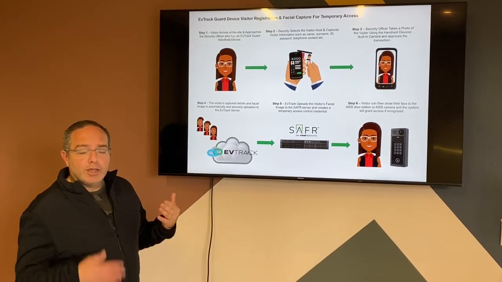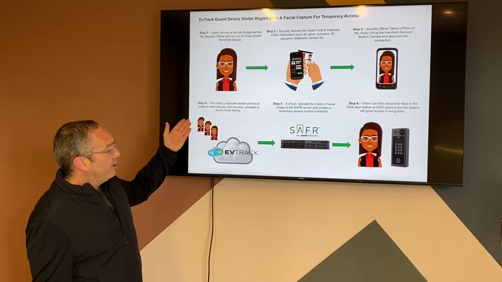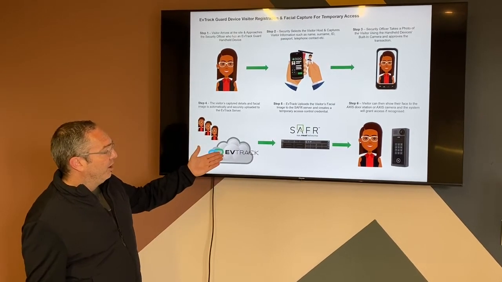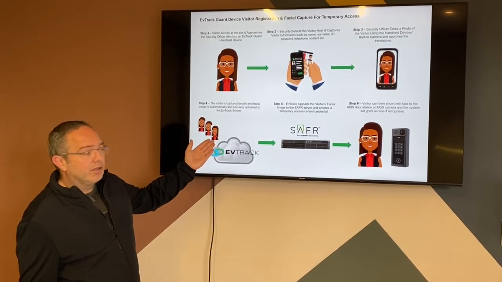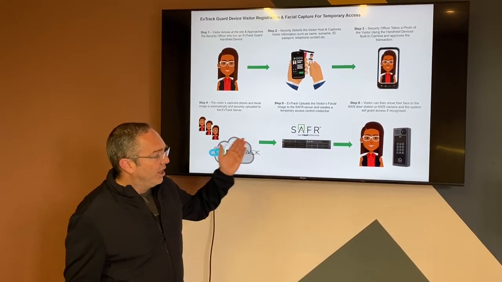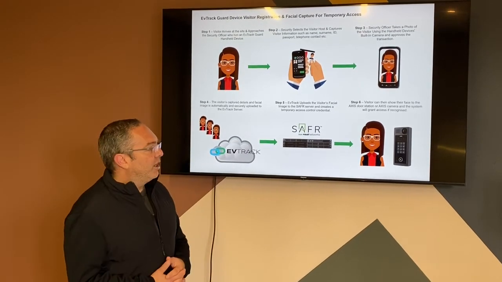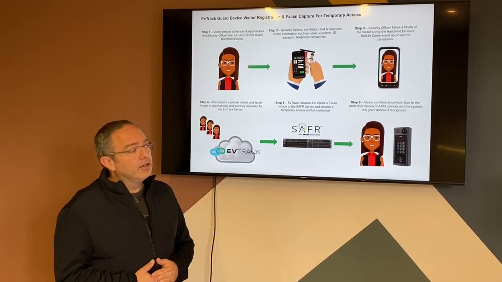Then either a host can approve the person or the security officer can approve them, and that information with the photograph is sent to the EvTrack server and then pushed to the SAFR server, and the access camera is then ready to start looking for those faces.